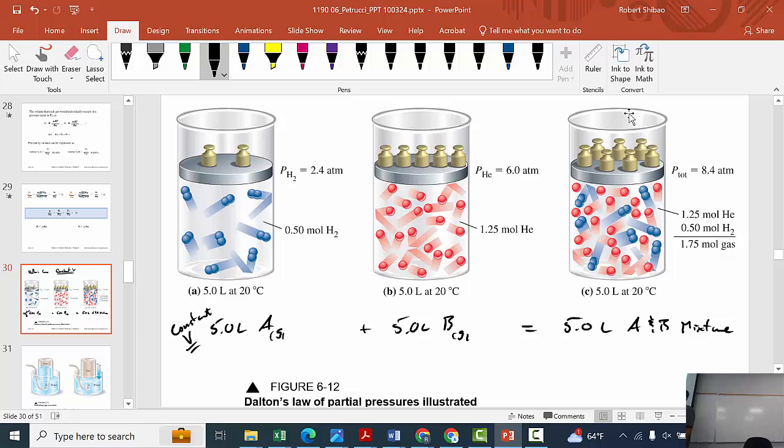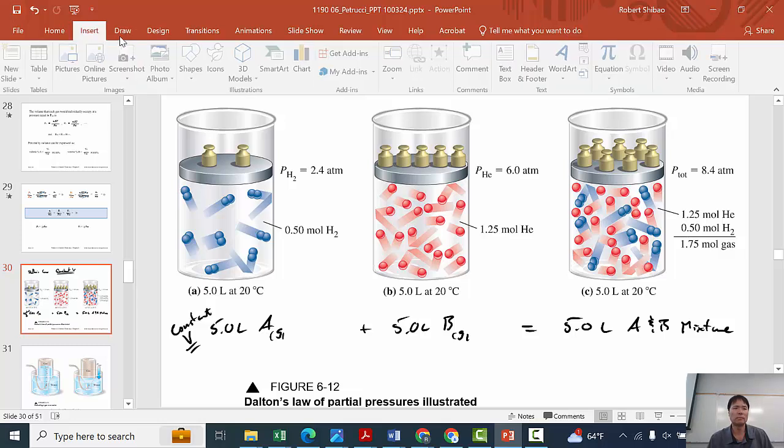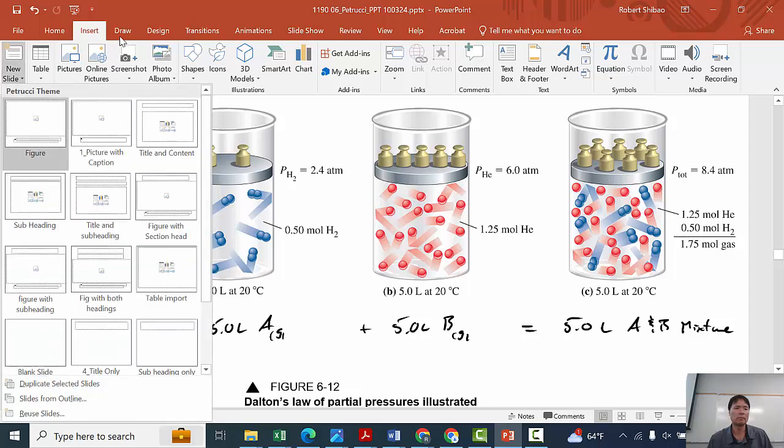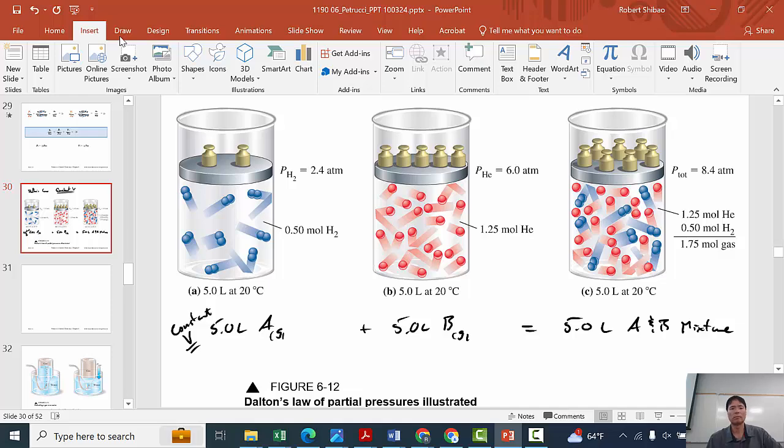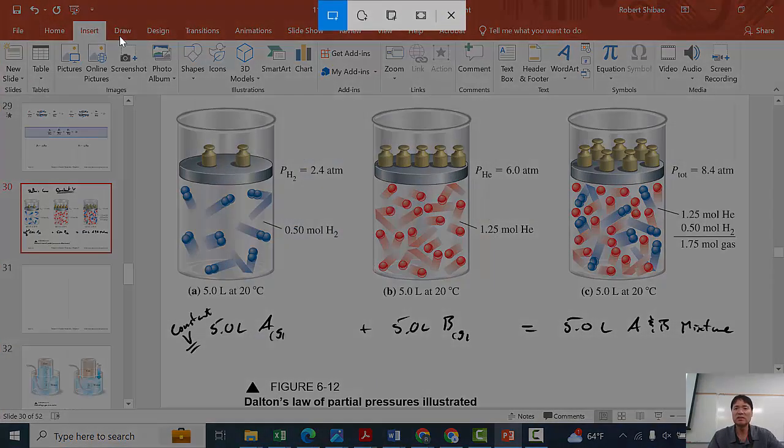And so there's another way of separating this. The other way of separating this is by Avogadros. So we'll take a look at Avogadros next. This is Dalton's.